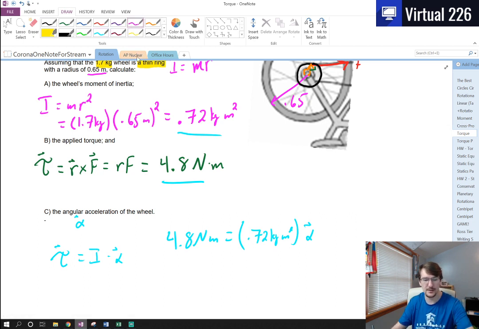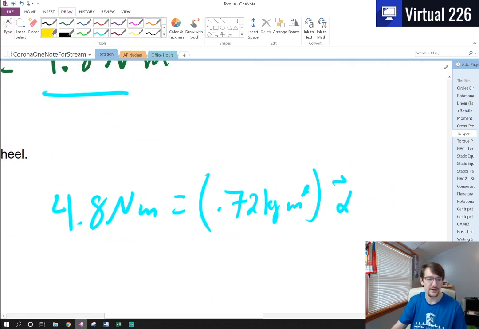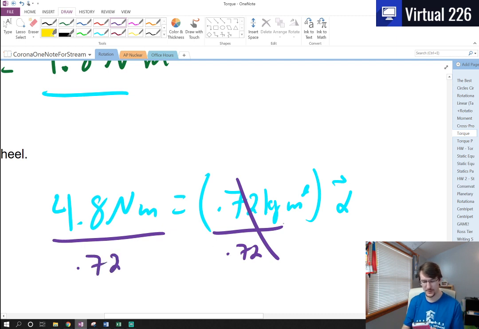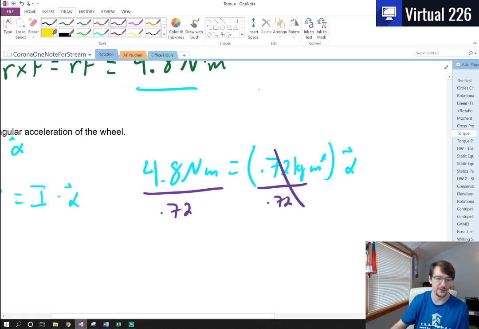So on each side, we'll just divide by that 0.72. So 4.8 divided by 0.72 equals, the number of physics.